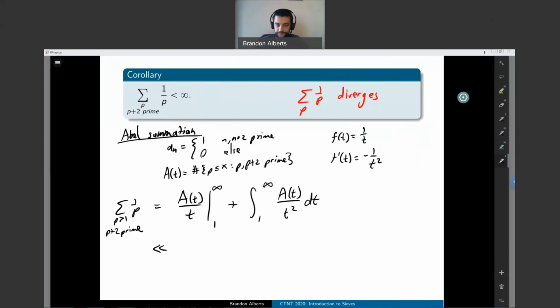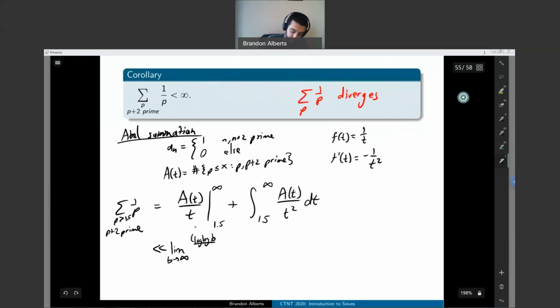I actually want to be careful. Let's make this 1.5, just to be careful. The limit as b goes to infinity. When we plug in the upper bound right here, it cancels out with the t on the denominator.